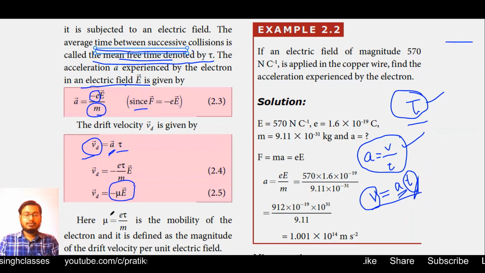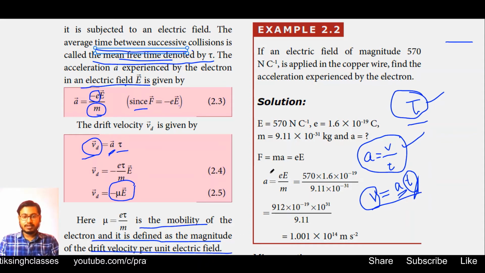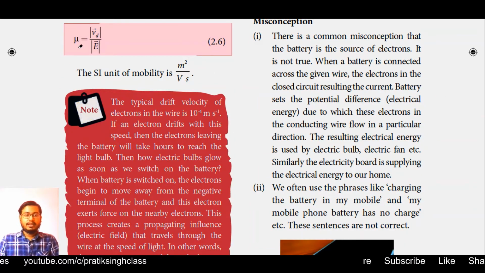Here mu is equal to e tau by m, the mobility of the electron, defined as the magnitude of the drift velocity per unit electric field. It means: in a particular electric field, what is the velocity gained by the electrons? So that is mu.